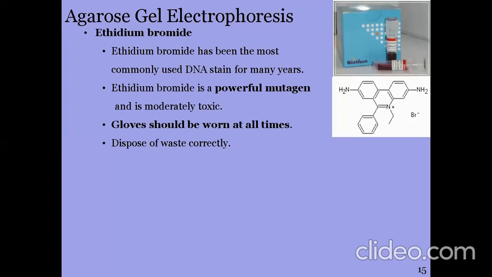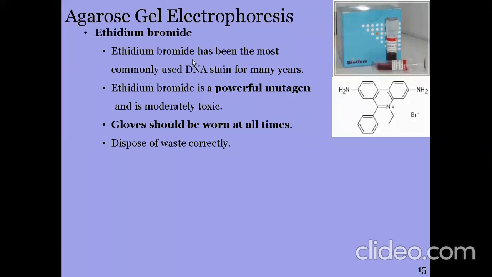Okay. Why is ethidium bromide added? Ethidium bromide has been the most commonly used DNA stain for many years. The structure could be like this, and ethidium bromide is a powerful mutagen and is moderately toxic. So it is a mutagen and a toxic chemical.